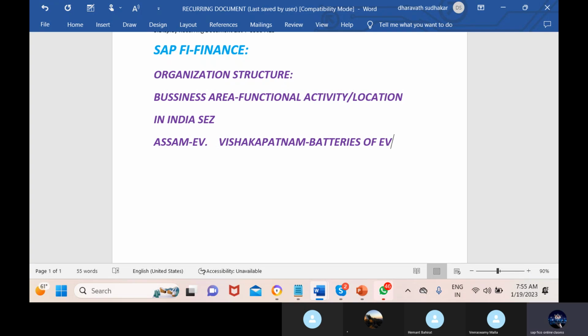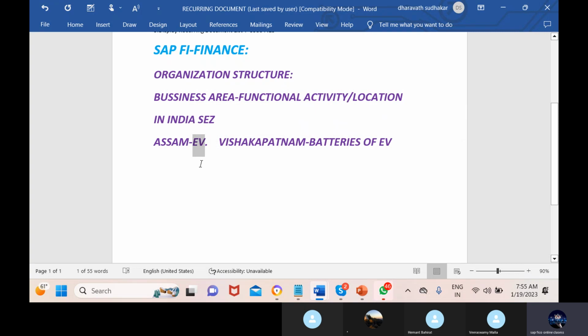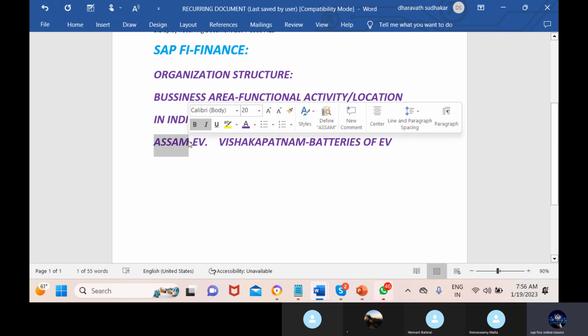Now, our friend Hemant can define his business area according to functional activity, meaning what he was doing. He was manufacturing EV vehicles, so we can define the business area as EV, or as the Assam business area.